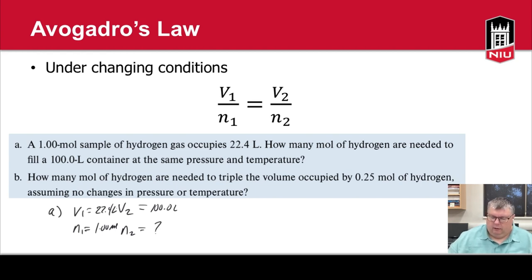So we're going to take V1 over N1 equals V2 over N2 and solve for N2. When we do that, we get N2 is equal to V2 times N1 over V1, which is 100.0 liters times 1.00 moles over 22.4 liters.